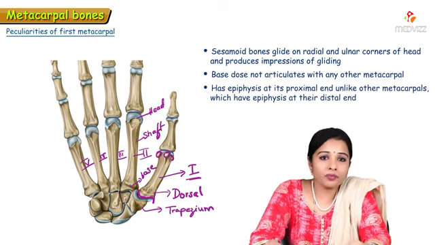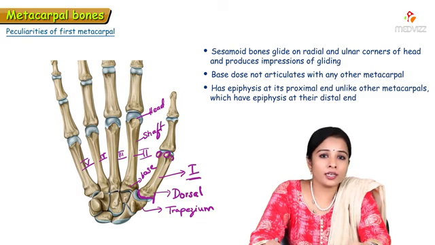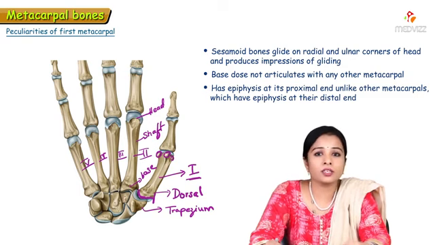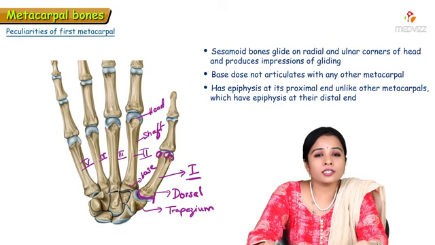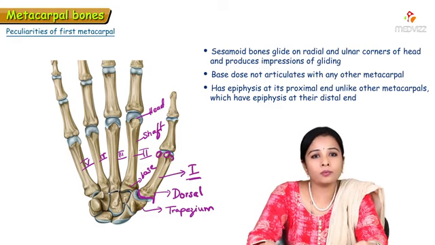It has an epiphysis at its proximal end, unlike other metacarpals which have an epiphysis only on their distal end. So these are some of the peculiarities of the first metacarpal bone.